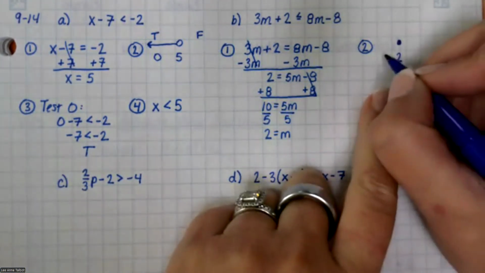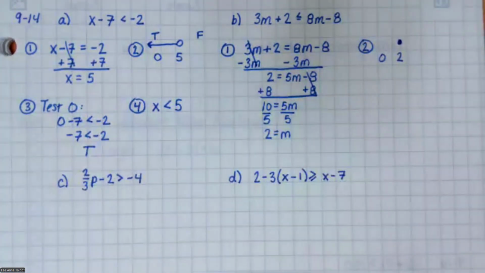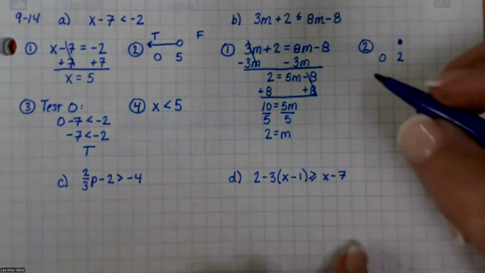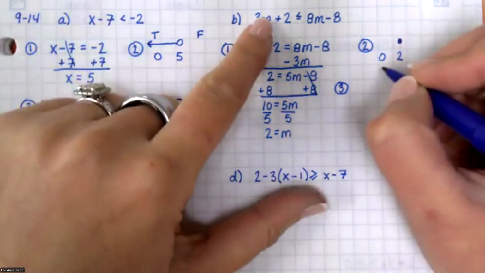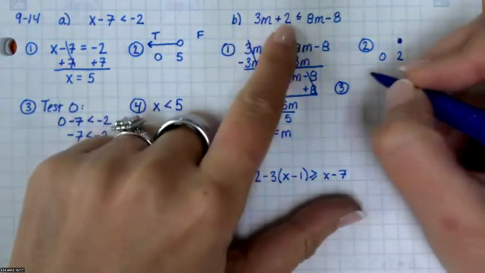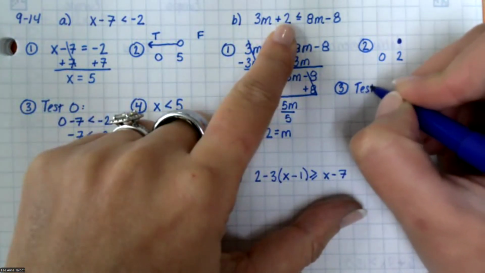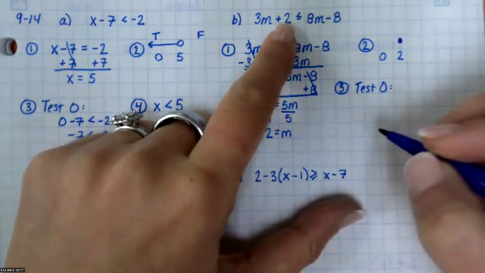And this is a positive, so 0 is again to the left. Okay, now I'm going to plug 0 into the original problem.